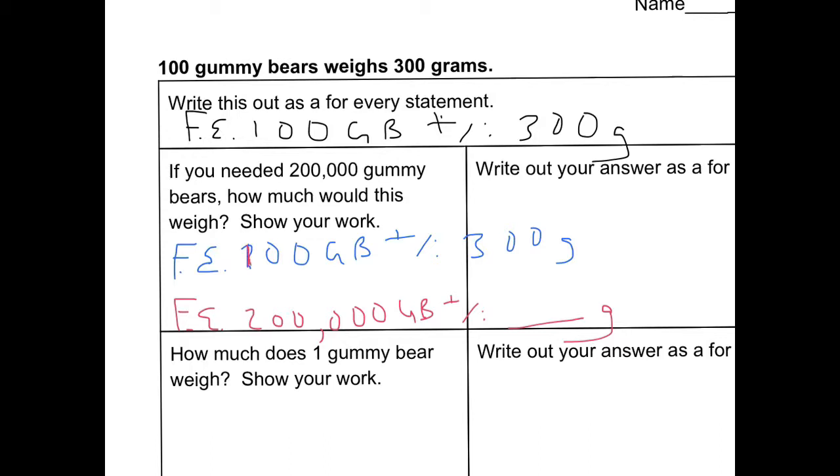And again, this was 100. So 1 times 2 is 2. So times 2, and then we need 3 more zeros. So this is times 2,000. This will be times 2,000. So I'm going to get 600,000 grams.